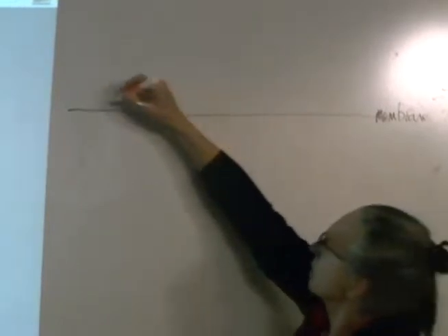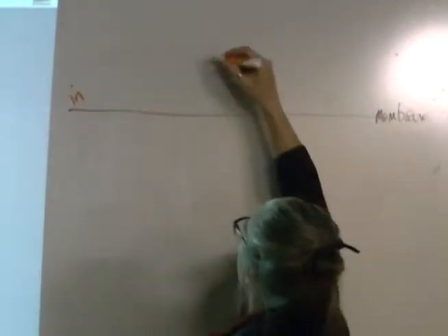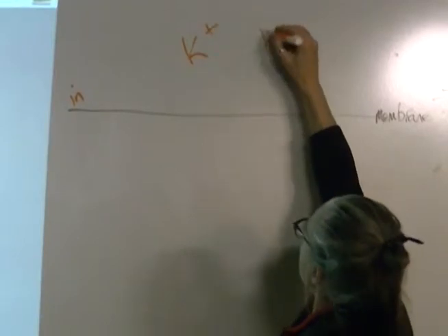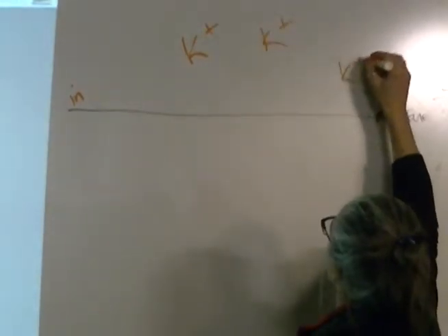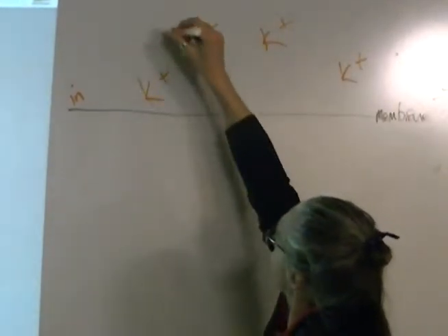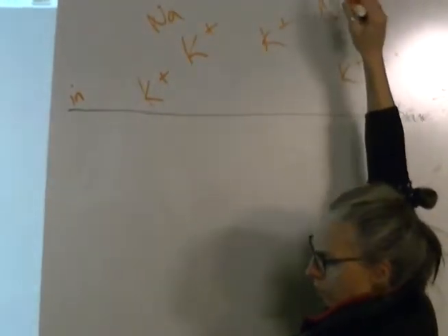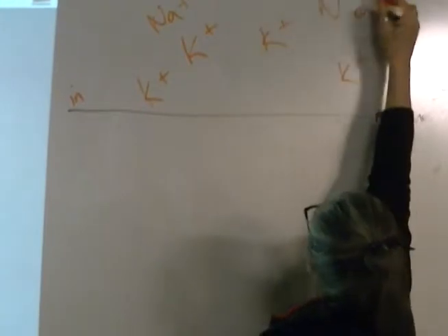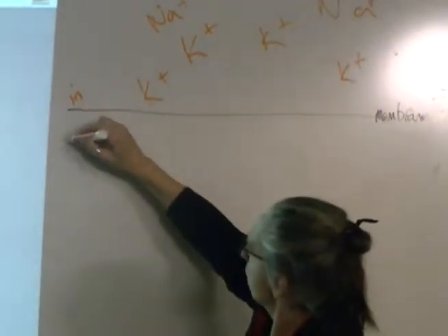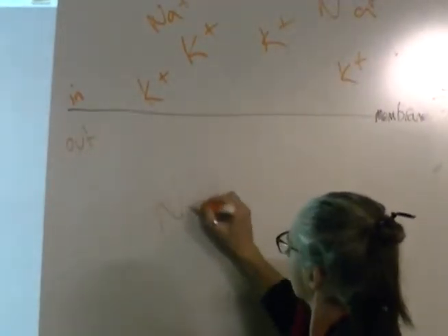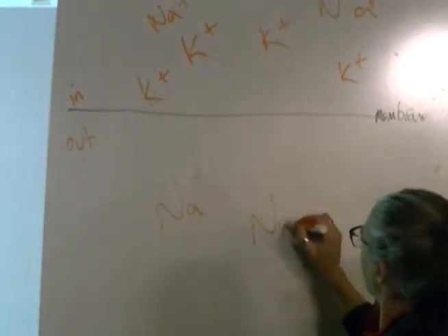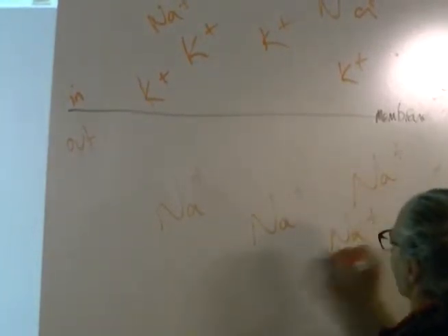On the inside, we have lots of potassium and a little bit of sodium. And on the outside, we have lots of sodium and not very much potassium. Okay?